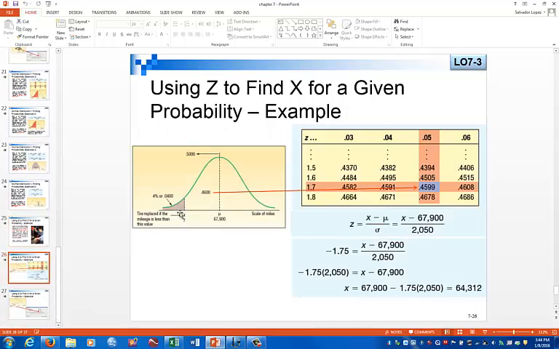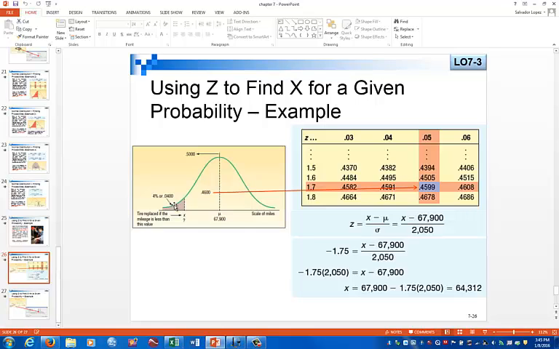On the next slide, you have the normal distribution drawn for this case. The mean is right at 67,900, measuring, of course, miles here on the horizontal. If the company doesn't want to replace more than 4%, the 4% that they're looking at is in this shaded area here, the lowest 4% in the distribution.